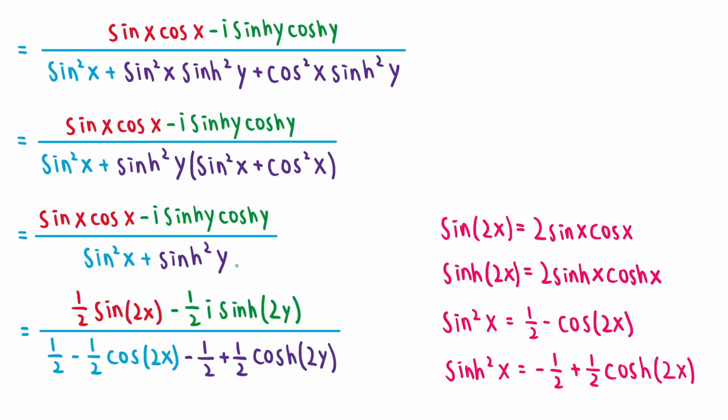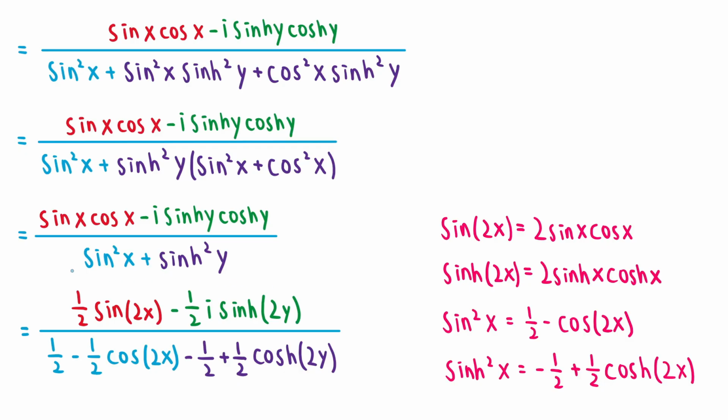We can simplify this expression using some trigonometric and hyperbolic identities. We can rewrite sine x cosine x in the numerator as 1/2 sine of 2x, using the double angle formula for sine, and rewrite negative i sinh of y cosh of y as negative 1/2 i sinh of 2y, using a hyperbolic identity.